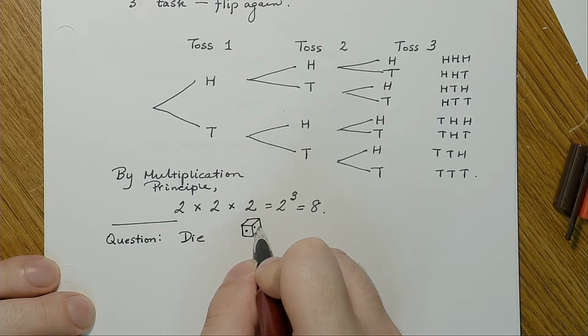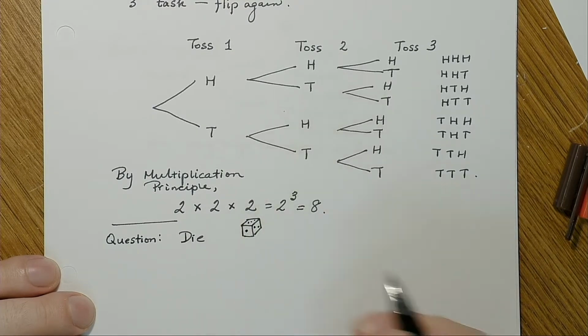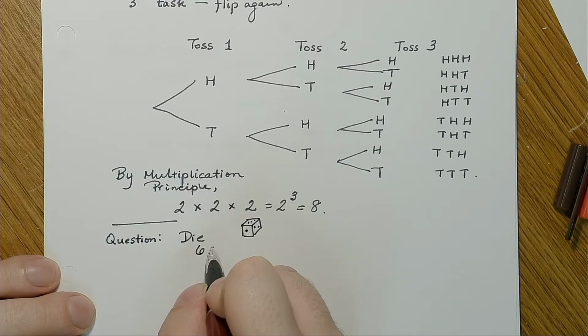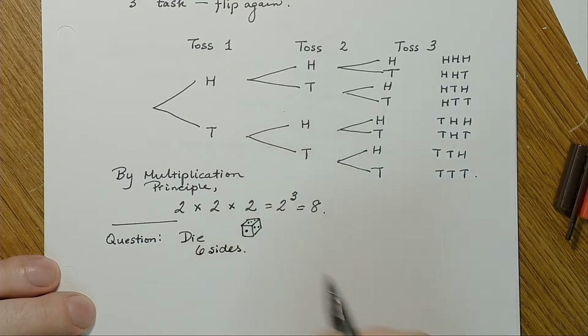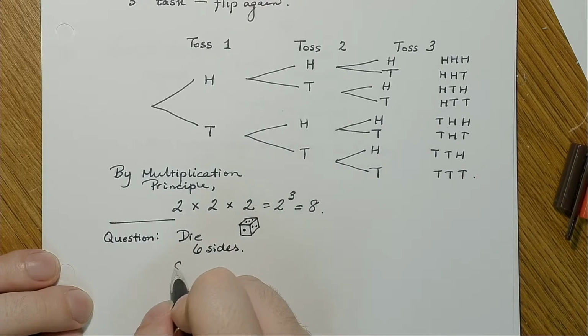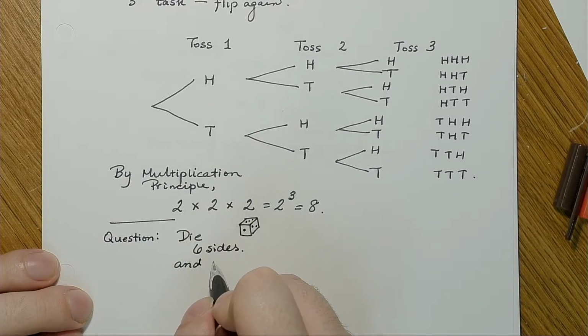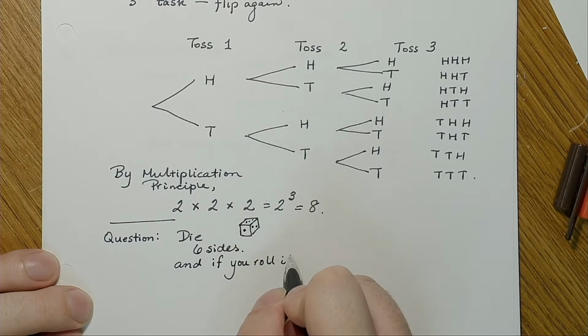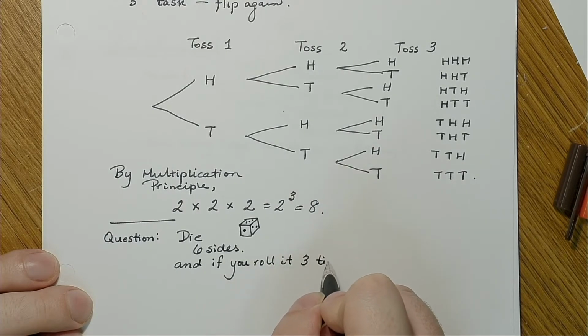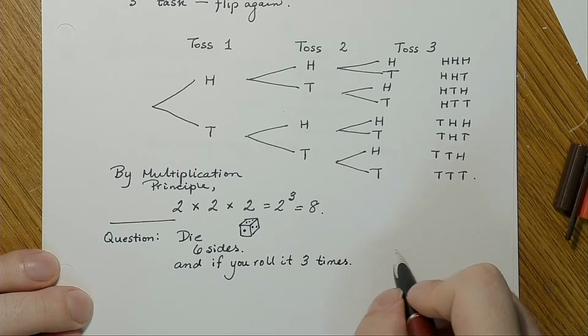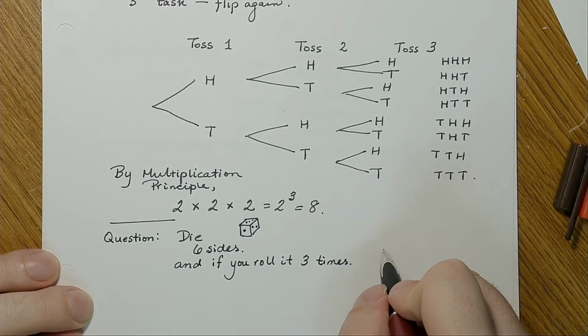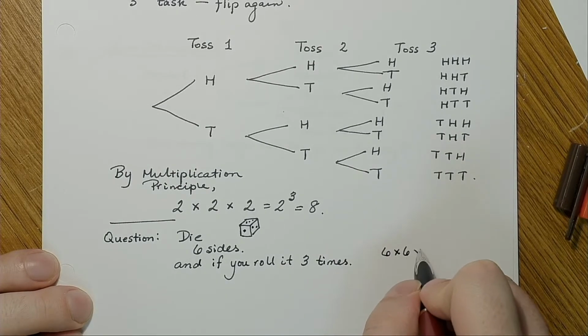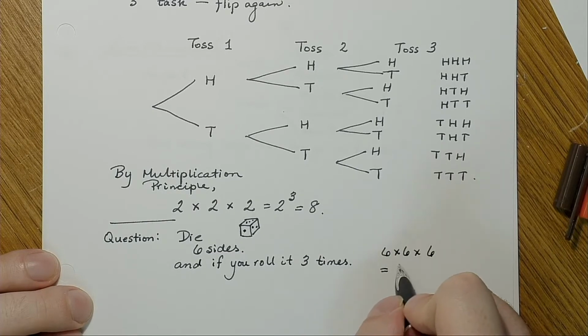So there's 1, there's 2, 3. A die has 6 sides or 6 outcomes. And if you roll it three times, then what you would get is 6 times 6 times 6, or that's 6 to the cubed.